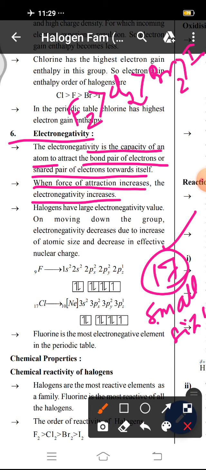So in the whole periodic table, fluorine is the most electronegative element. So in electron affinity case, chlorine has the highest electron affinity, and in electronegativity case, fluorine has the highest electronegativity in the whole periodic table. So these are the physical properties of halogen elements.